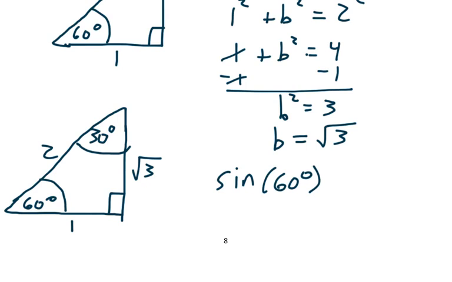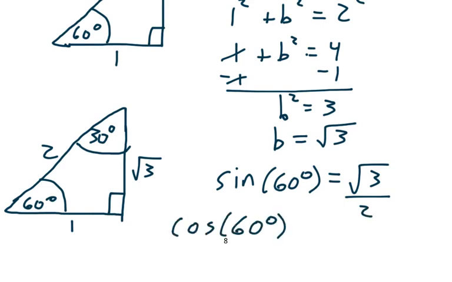By definition, by SOHCAHTOA, sine of 60 degrees is opposite over hypotenuse. So sine of 60 degrees is the square root of 3 over 2. Cosine of 60 degrees is adjacent over hypotenuse. So we're going to have 1 over 2.